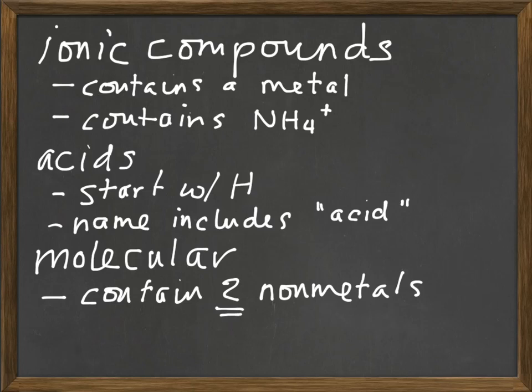Two, not three, two. Okay, so that's recognizing what type of a compound you have. Any questions about those? So which one do you want to talk about first? Let's do the molecular one first because it's the easy one.